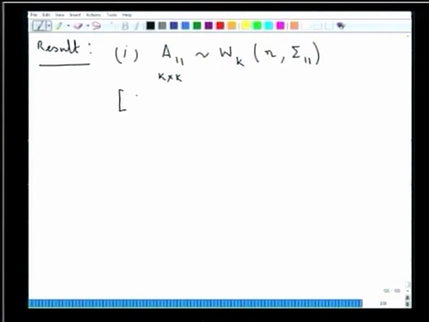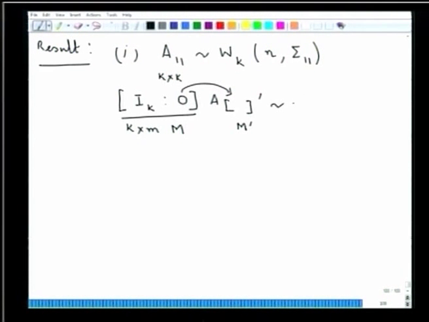Now suppose I take an I_k matrix augmented with a null matrix, so as to have this as a k by m matrix, M. Then take M A M transpose, treating M as a matrix of constants.